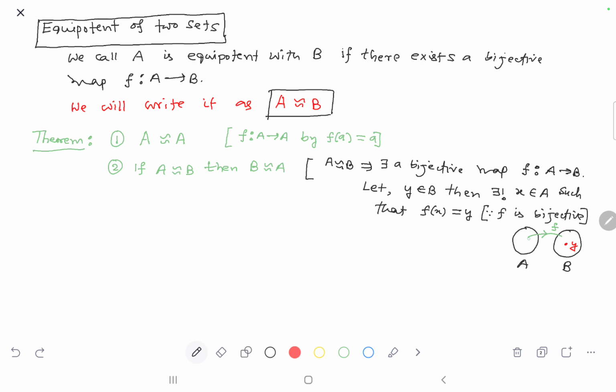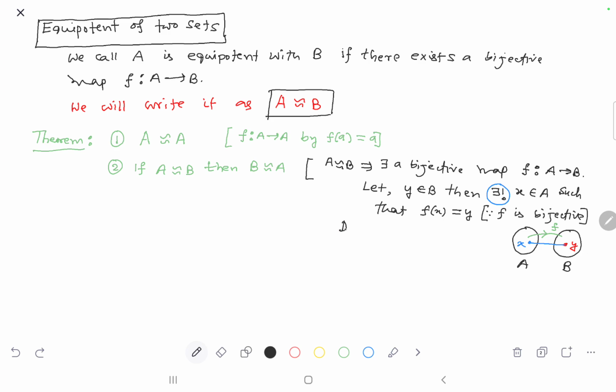The assignment is using F. If we take y in the set B, then it will have a pre-image here, right? But the pre-image will be unique because of injectiveness. That's why I put here a unique x such that x maps to y under F. Got it?